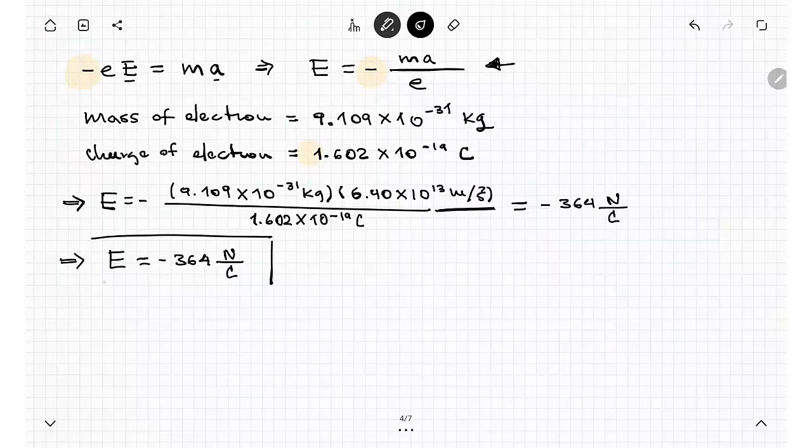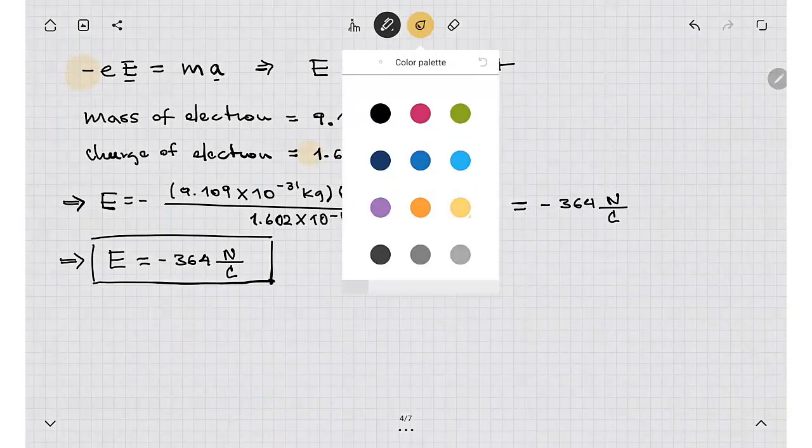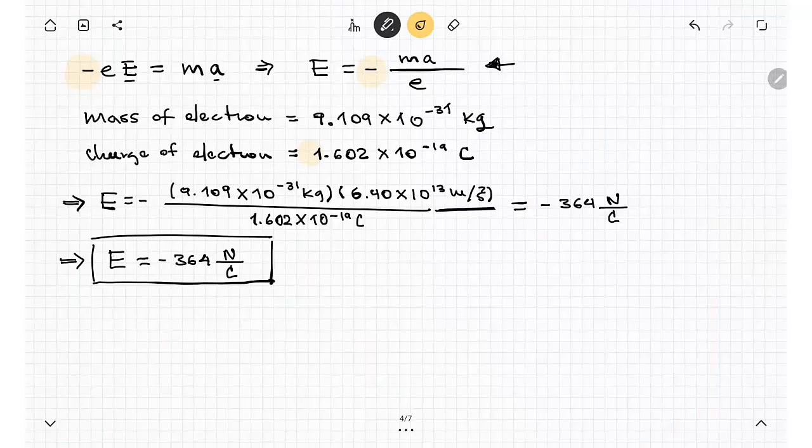What is the meaning of the minus sign? That means that the electric field is pointing downwards, and that is something that the problem already stated.